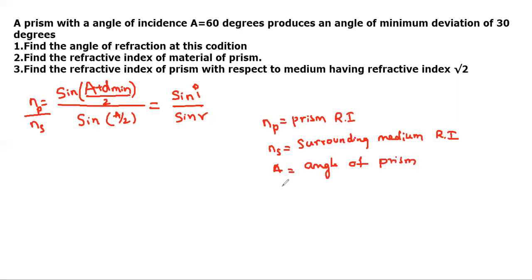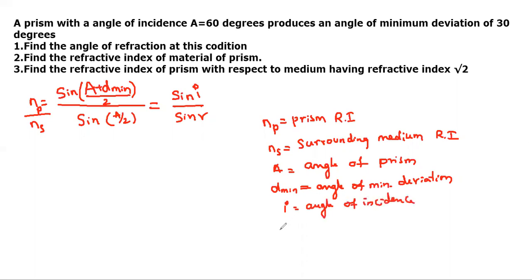D minimum is the angle of minimum deviation, i is the angle of incidence, and r is the angle of refraction. This angle of incidence and angle of deviation are the conditions of D minimum.